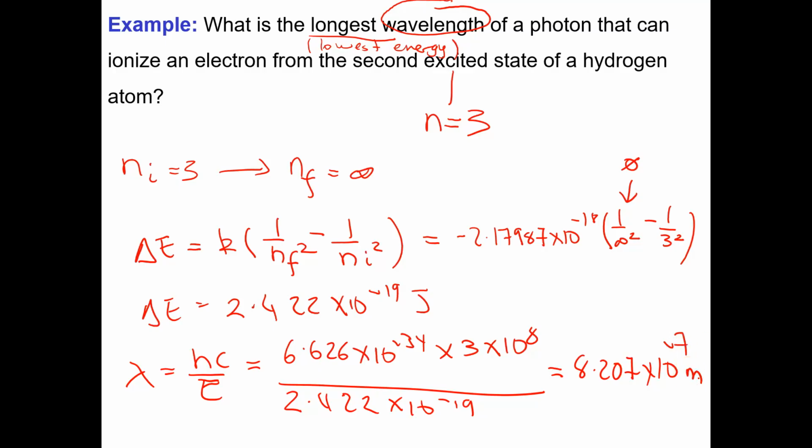And if you want to, you can turn that into nanometers if it makes you feel more comfortable. And if you did that, it ends up being like 821 nanometers. All right, I hope that all makes sense to you.